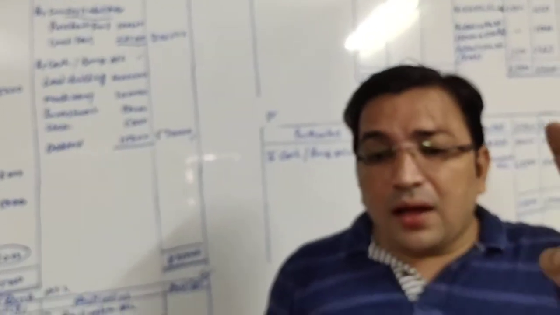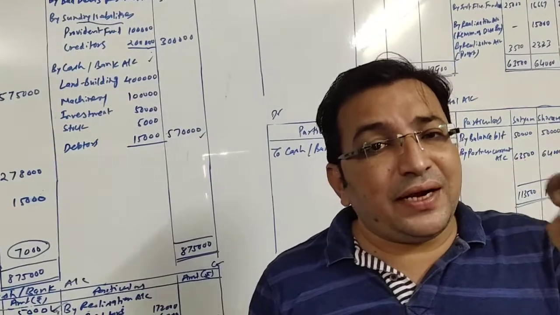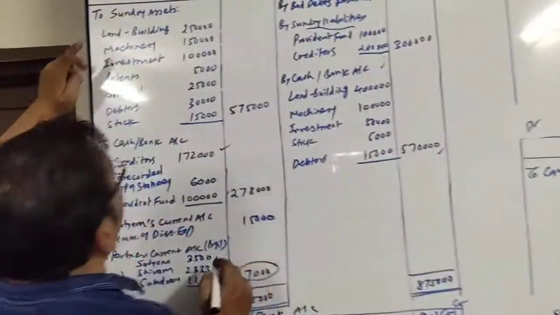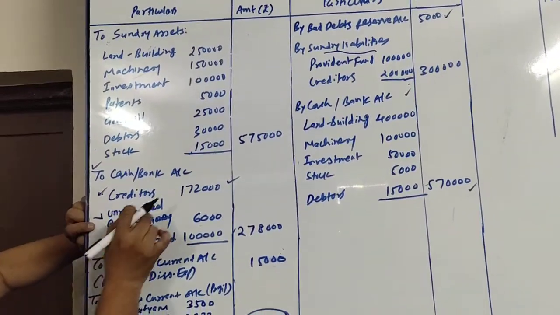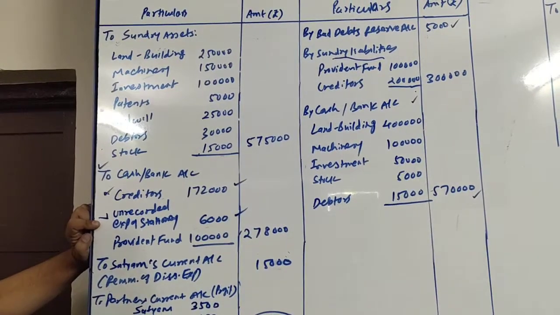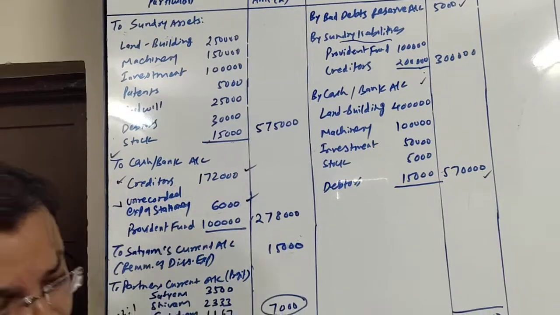So friends, for the unrecorded expense of stationery, the entry will be realization account debit to cash account. So again here on the realization account debit side, unrecorded stationery expense rupees 6,000, and it is given that nothing is realized for goodwill and patents. All adjustments are almost over.